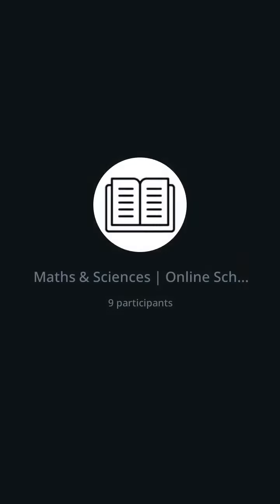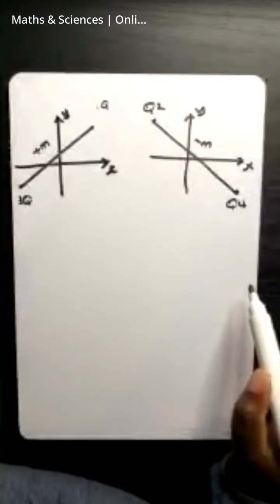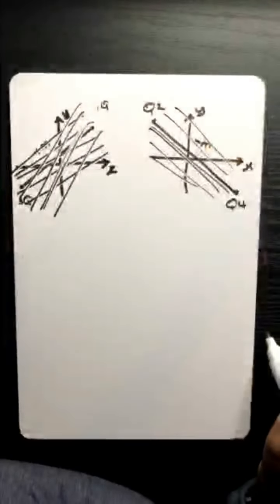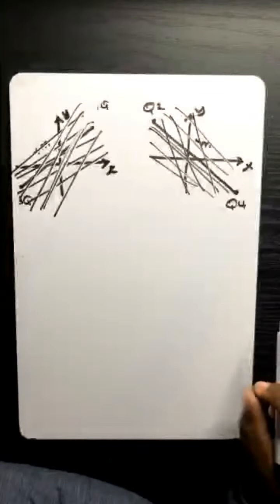Some of you remember this from the lesson that I did for functions. So all the straight lines in that direction are going to have positive gradients, and all the lines in this direction are going to have negative gradients. You just need to be aware of that, ladies and gentlemen.